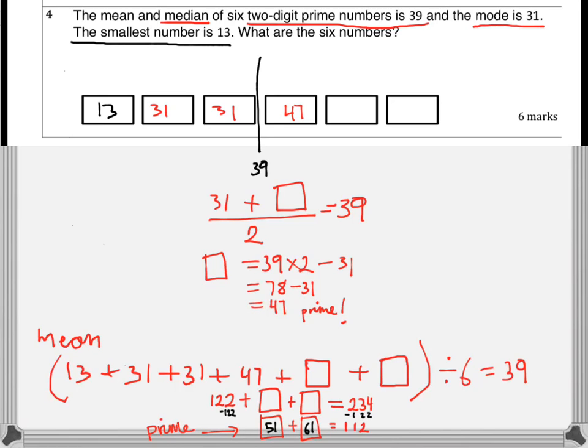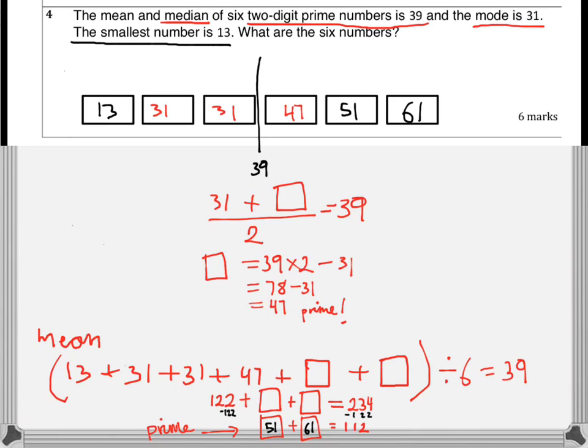So if I try 51, then 51 plus another number, 61, gives me 112. And I'm lucky because the number 61 is also a prime number, and that fits in nicely with my description. So there we have it.